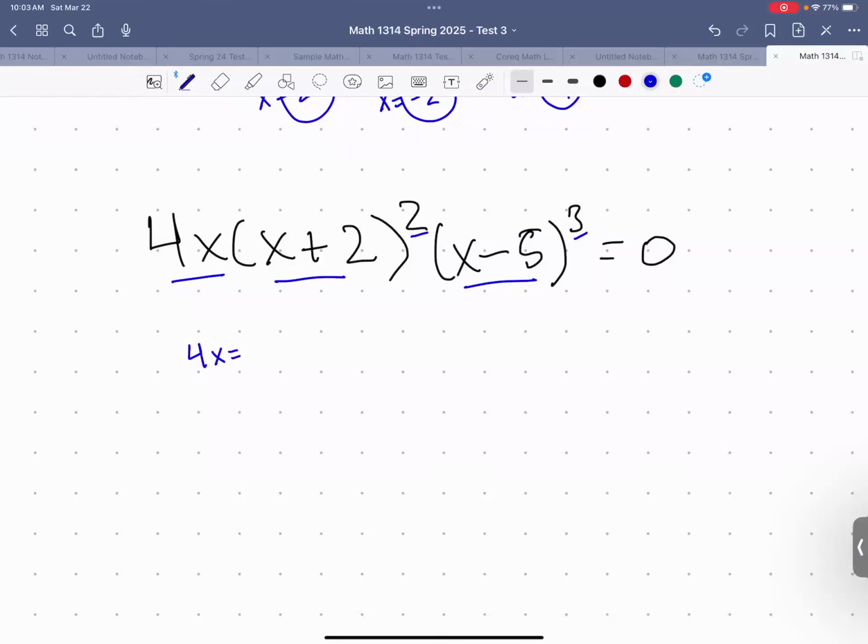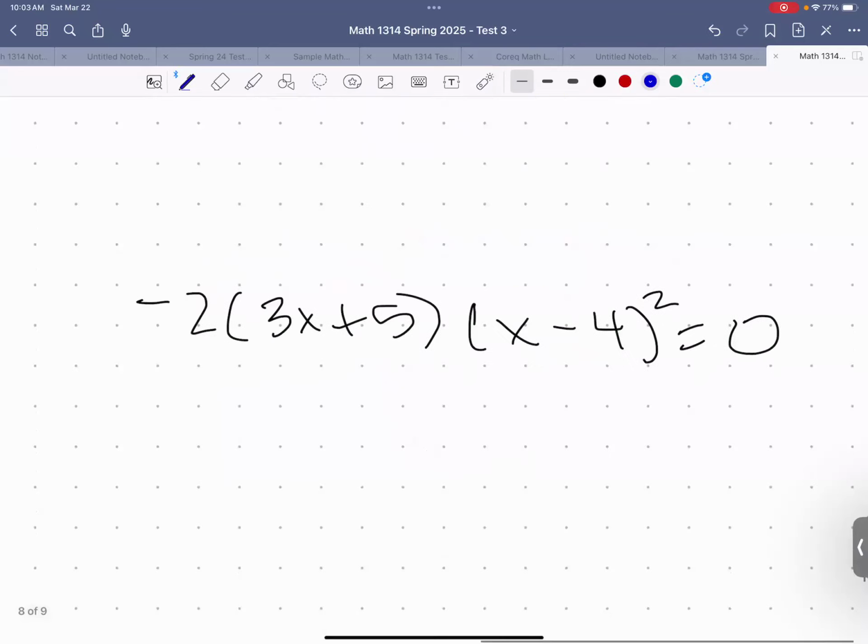So I have 4x equal to 0, which gives me a solution of x equal to 0. I have x plus 2 equal to 0, which gives me a solution of negative 2. And x minus 5 equal to 0, which gives me a solution of 5. And that's all I would have to do with that one. So these are actually easier. I don't have to do the factoring. It's already been done for me.